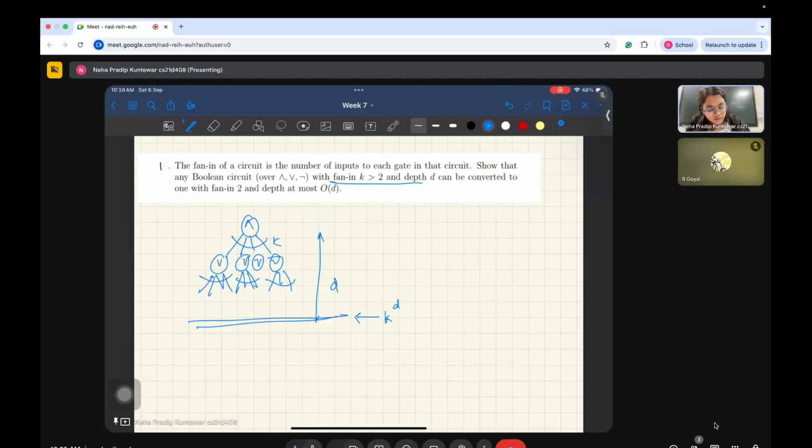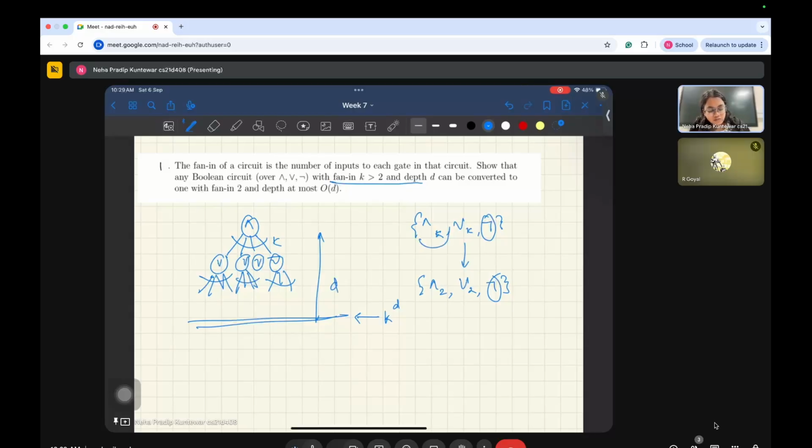So we have AND k, OR k and negation gates, and we want to convert them to AND and OR of two variables and negation. Negation is out of the picture because it is anyway a unary operation.